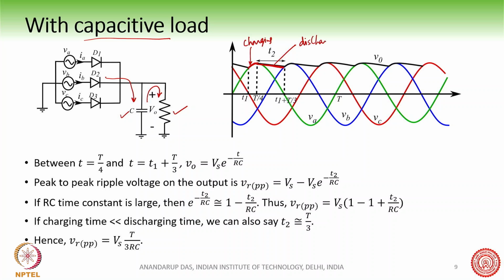While the capacitor is discharging, from here to here, this is the V0 voltage, the output voltage, and this point's voltage is Vs. During the discharging period, the output voltage V0 is Vs into e to the power minus t by RC, because it is discharging through this RC time constant.